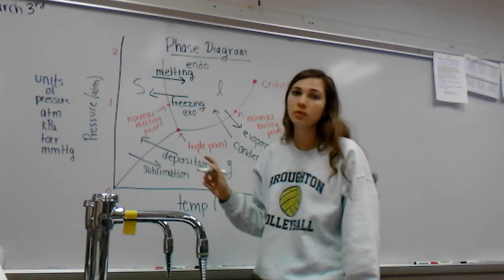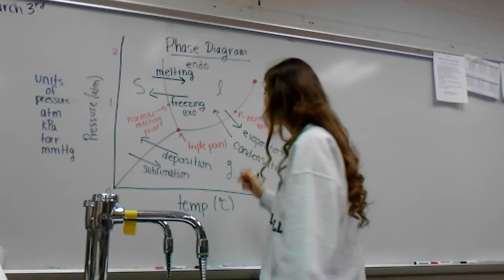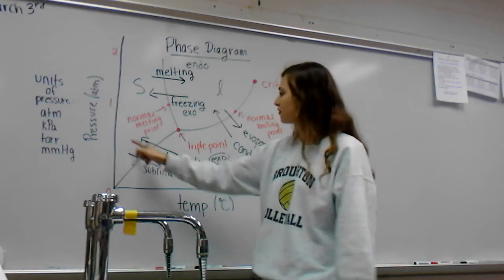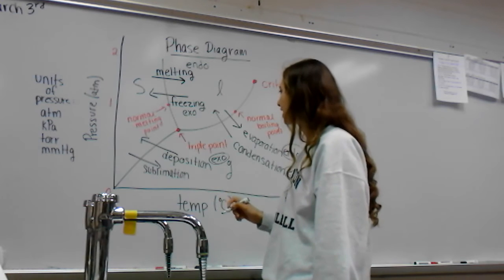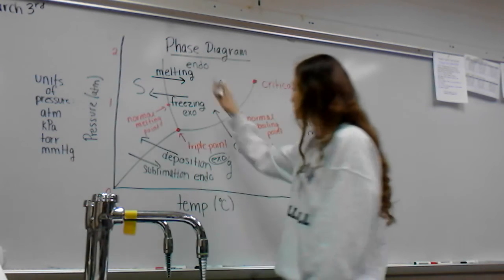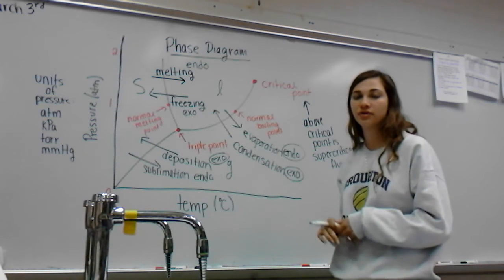We need to also know whether these are exothermic or endothermic. So going from a gas to a solid is going to be exothermic. Going from a solid to a gas is going to be endothermic.